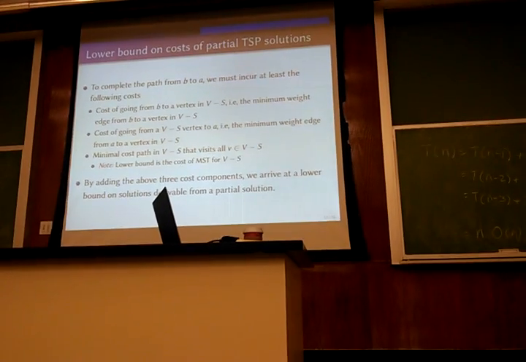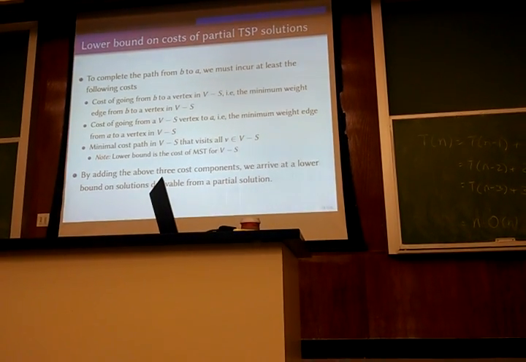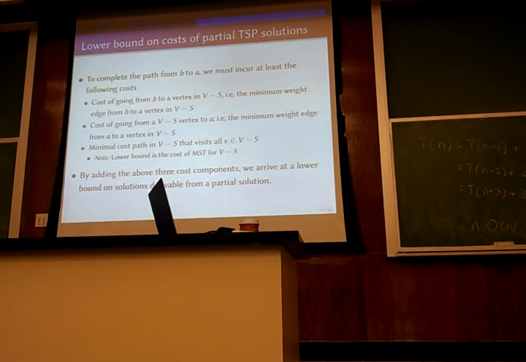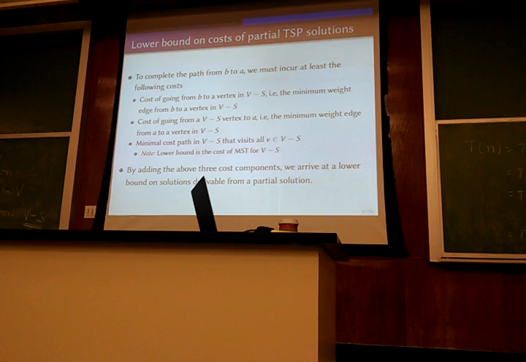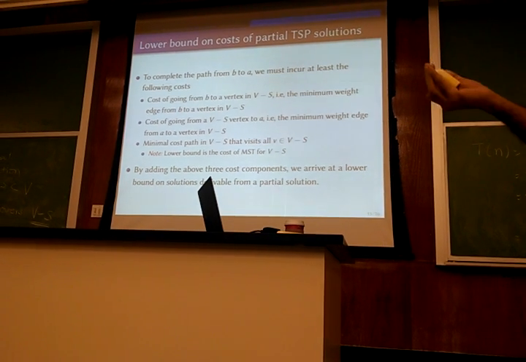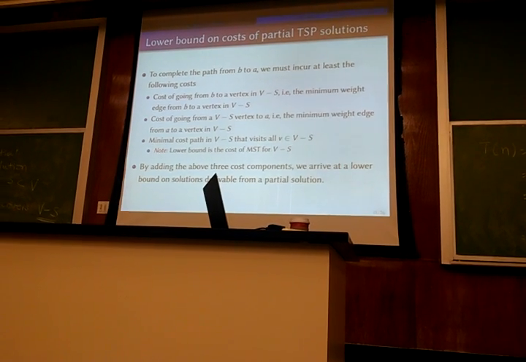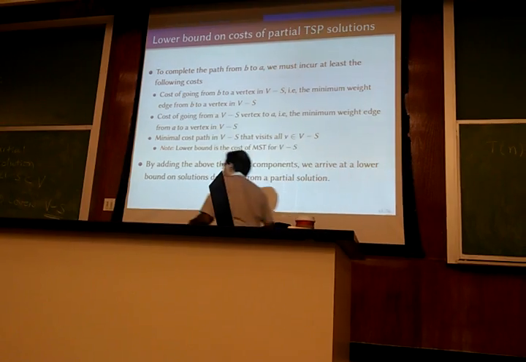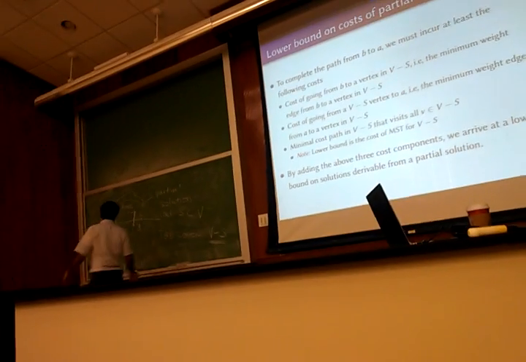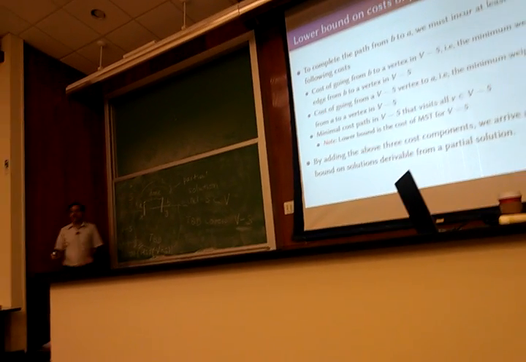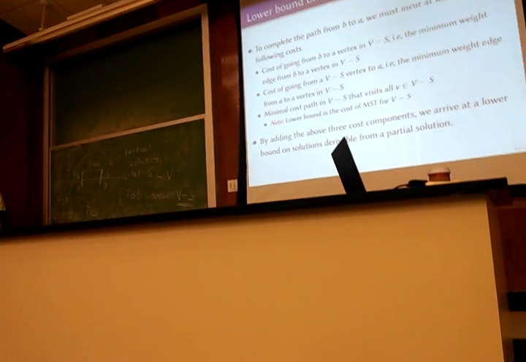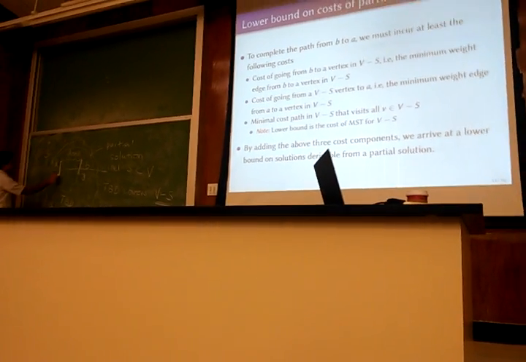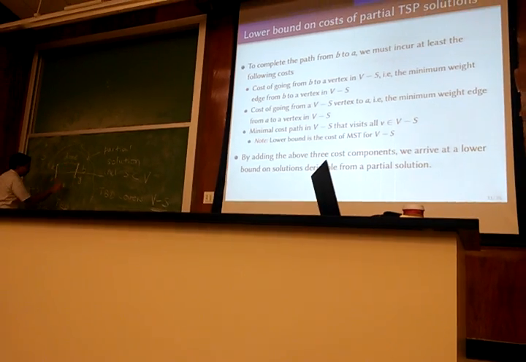So you obviously cannot have a path like that whose cost is less than the minimal spanning tree, because the minimal spanning tree is the spanning tree with the minimal cost. So as a result, this path that goes through every vertex in V minus S cannot have a cost that's less than the cost of the minimal spanning tree. Okay, so thus we have a bound on this part, and this part.